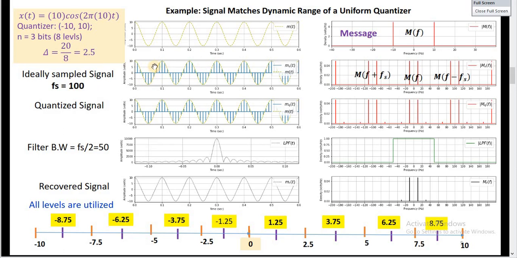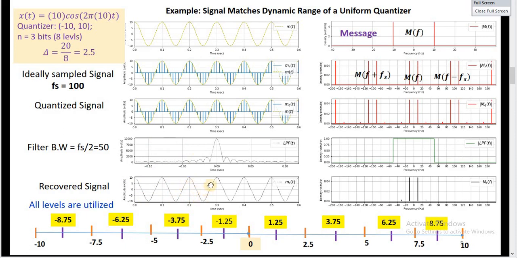Next, we apply the signal to the uniform quantizer. This is the quantized signal. The quantized signal is passed through an ideal low-pass filter with a bandwidth of 50 Hz, which is 1/2 the sampling frequency. The output of the low-pass filter is this signal.